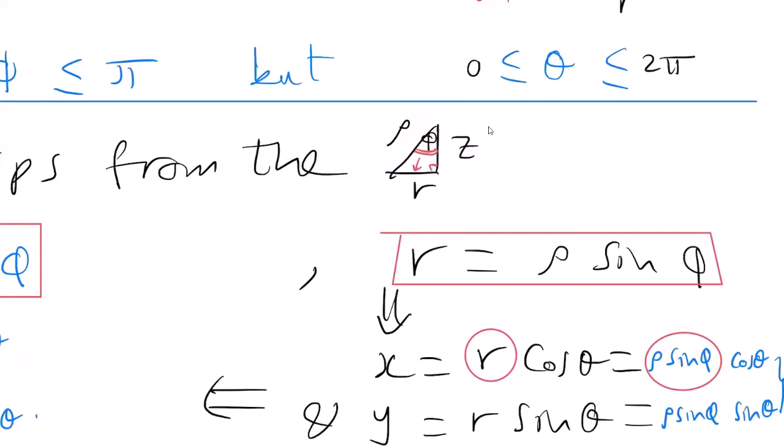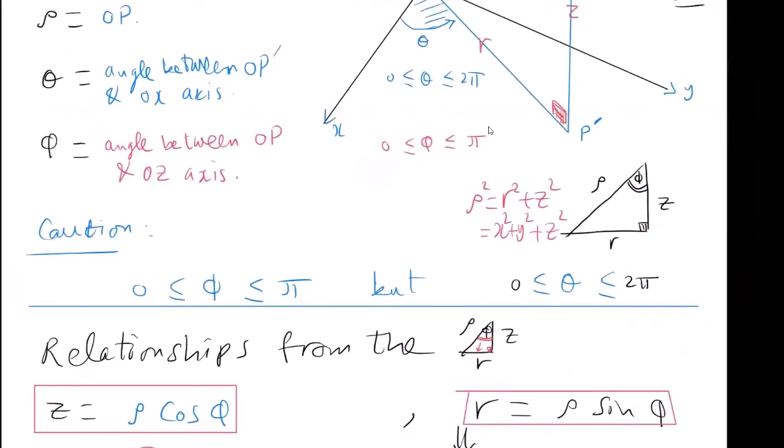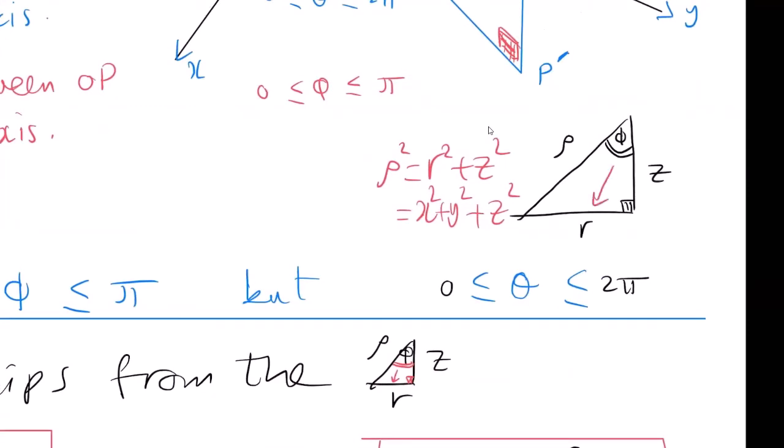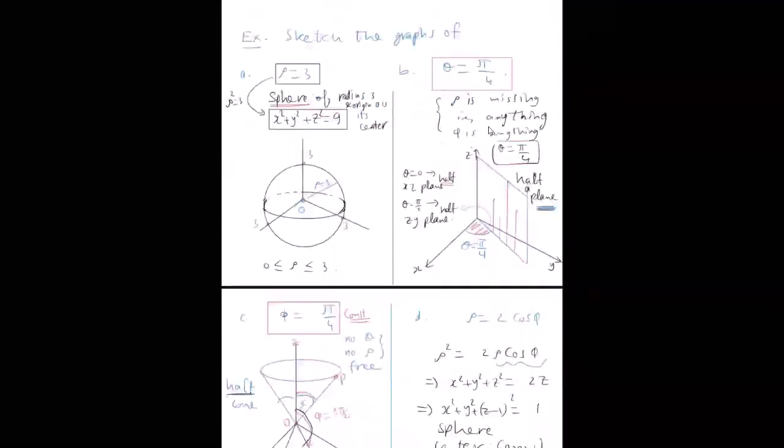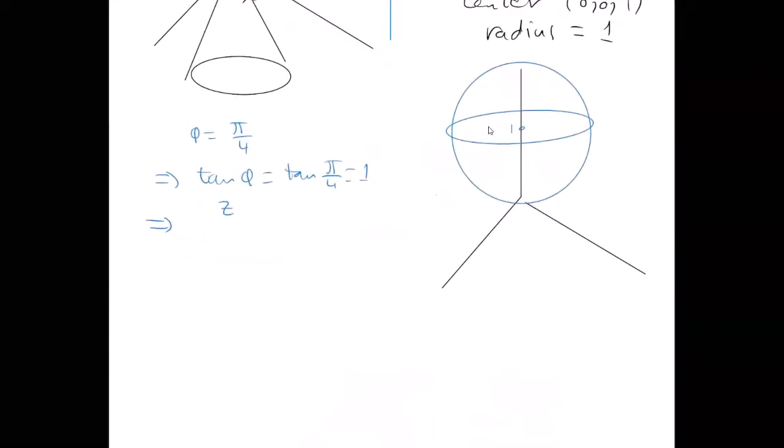This is the opposite and this is the adjacent, so it's r over z. So r over z equals 1. Therefore, z equals r. And what is r? It's the square root of x squared plus y squared.